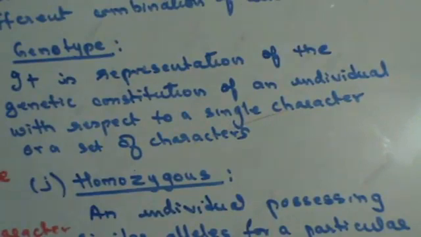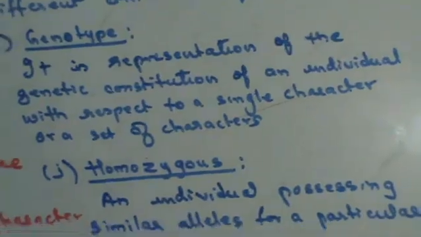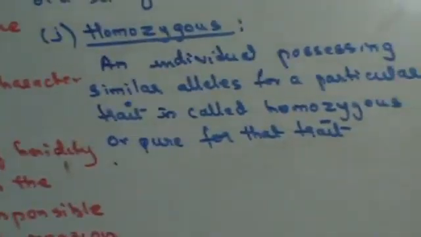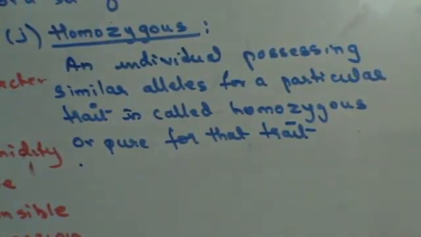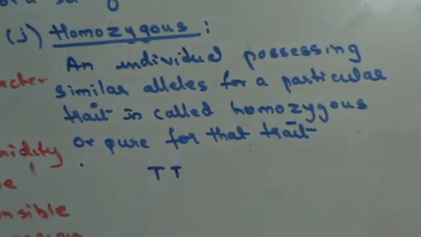Now, homozygous breed true to the trait and produce only one type of gamete. If you have homozygous, then you would have only one type of gamete. When gamete is made out of the diploid chromosome, they get converted into haploid form. Now, if they are homozygous, say I have the two chromosomes that both are expressing tallness.